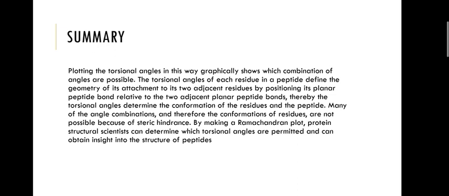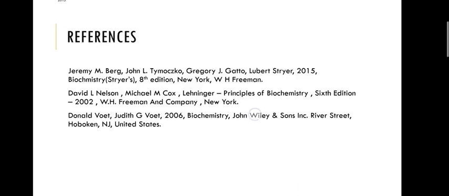Thereby, the torsion angles determine the conformation of the residues and the peptide. Many of the angle combinations, and therefore conformations of residues, are not possible because of steric hindrance. By making a Ramachandran plot, protein structural scientists can determine which torsion angles are permitted and can obtain insight into the structures of peptides.